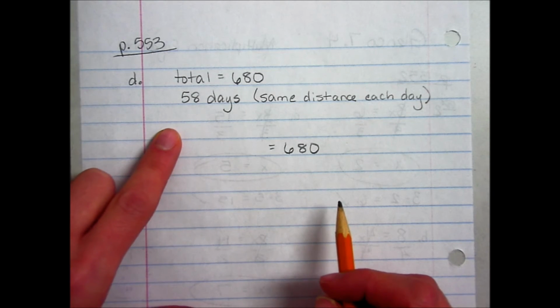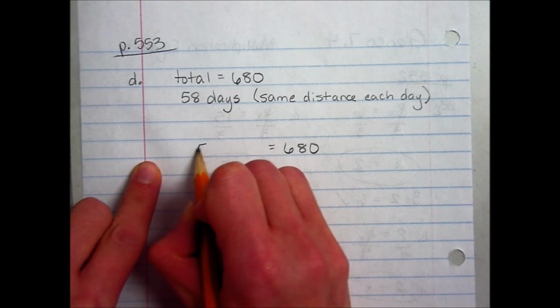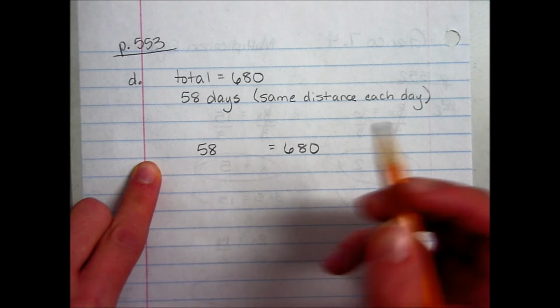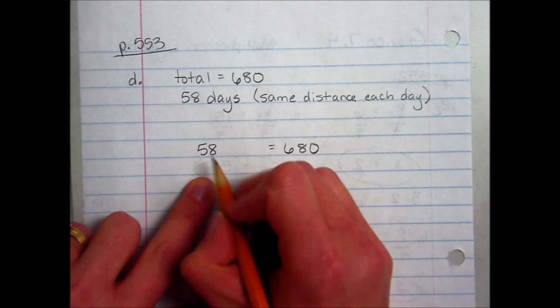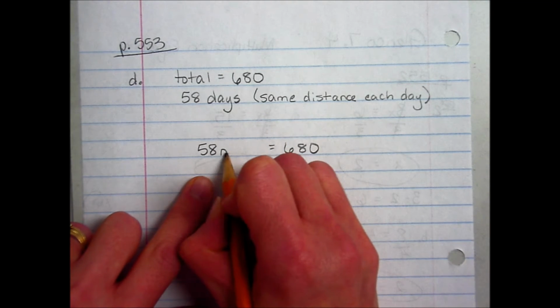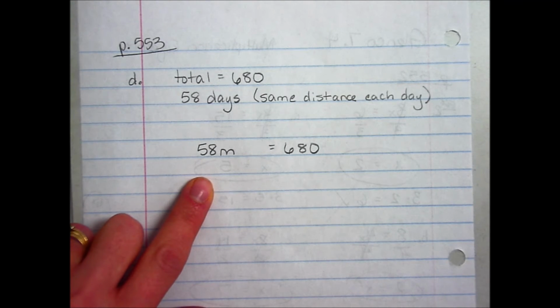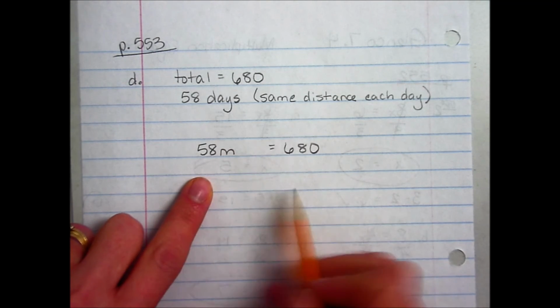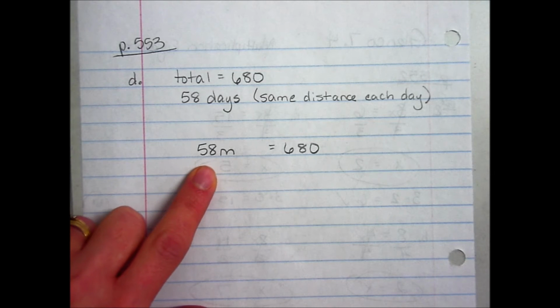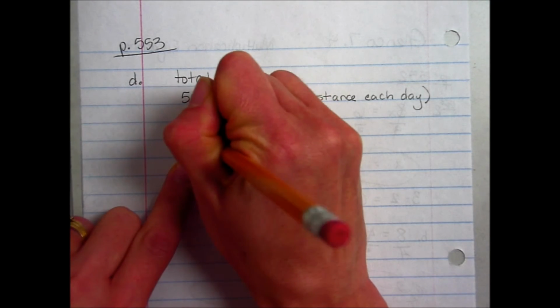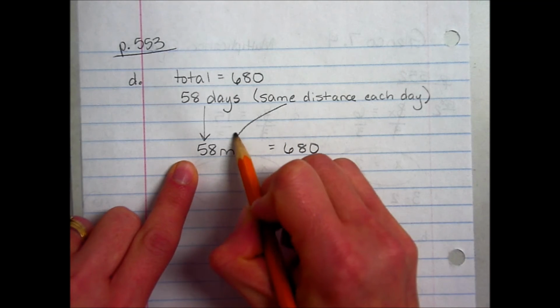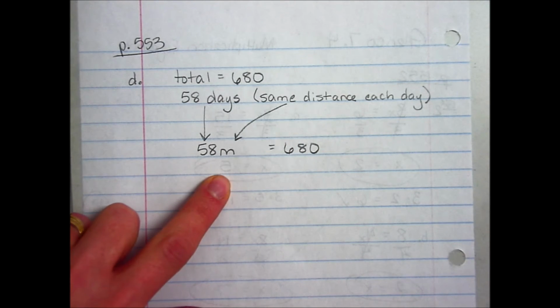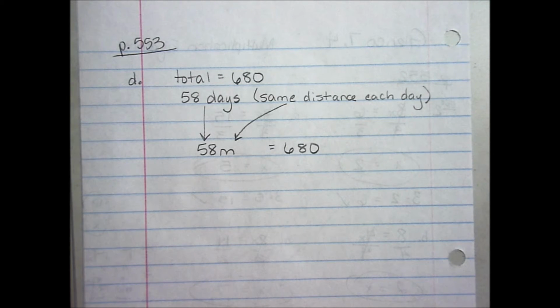So if we have 58 days and an unknown amount each day, all we have to do is, well, yeah, eventually we will, but see, y'all are skipping the step of writing the equation. So M for miles, unknown miles each day, 58 days, and the same distance each day will give us a total of 680. So then it wants us to solve the equation.